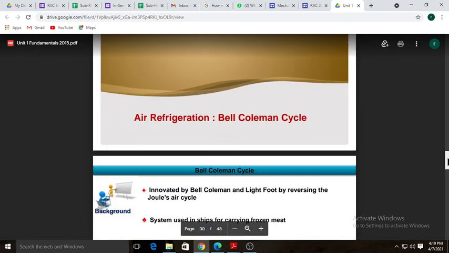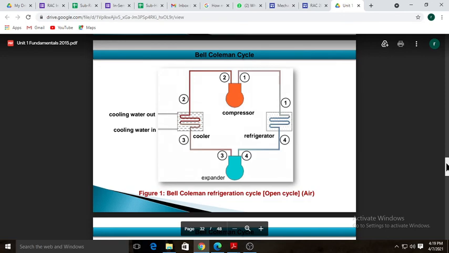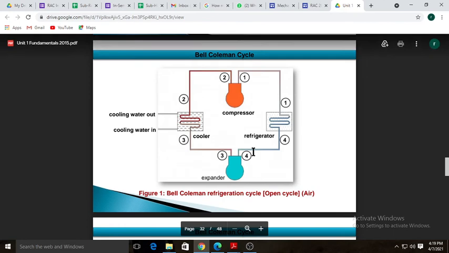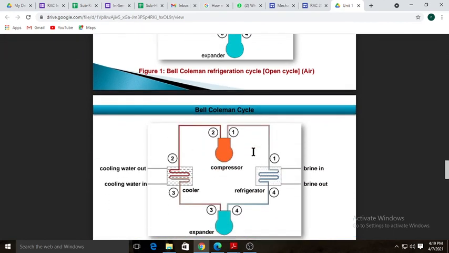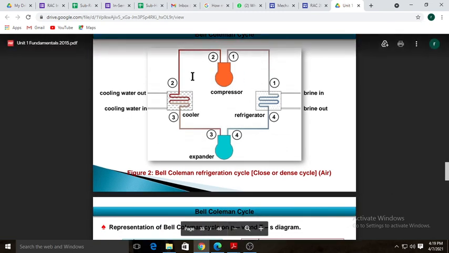Okay students, in the next section we will see the Bell-Coleman cycle. This Bell-Coleman cycle uses air as a refrigerant. We will see this Bell-Coleman refrigeration cycle in the next lecture. You may have a look at it here. Actually there is no conventional refrigerant used in the Bell-Coleman cycle.